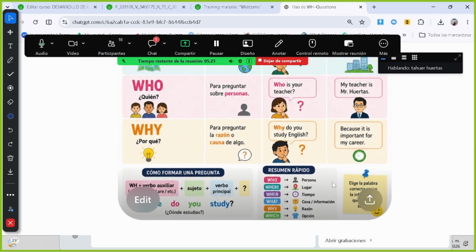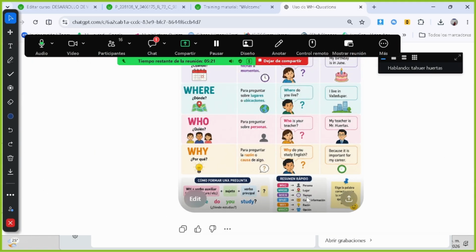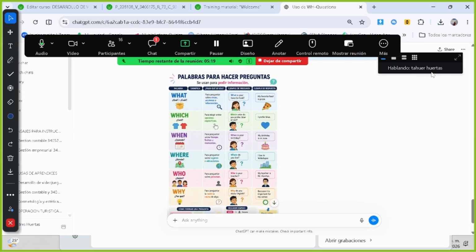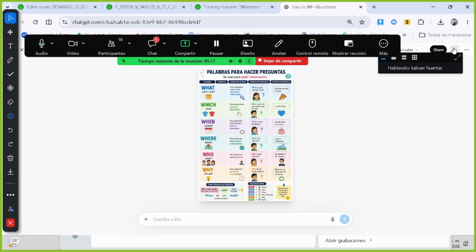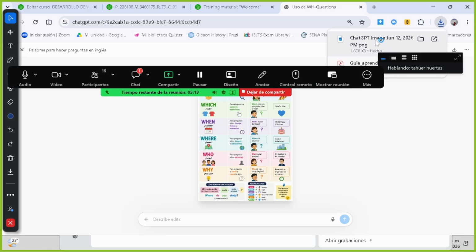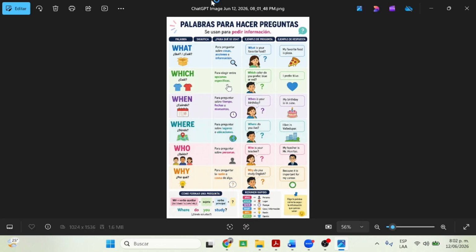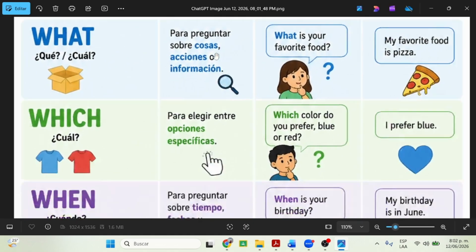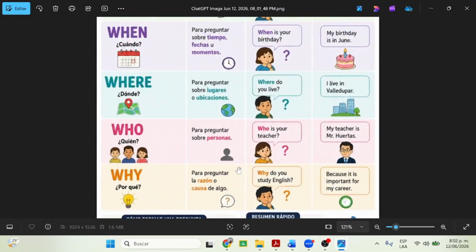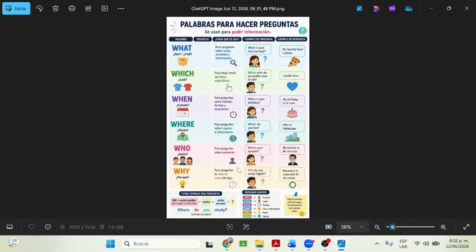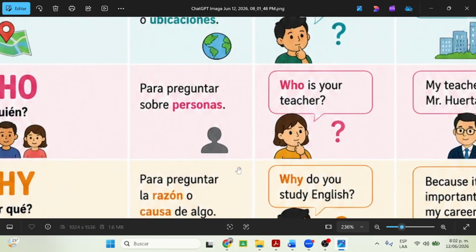Oh, the grammar part and a great summary, you see? And you can download this picture, and save it on your cell phone. I think it's a very good infographic of the explanation of the WH words.